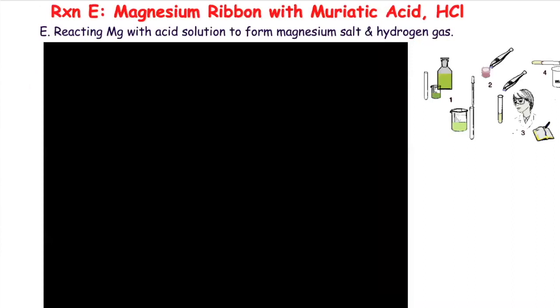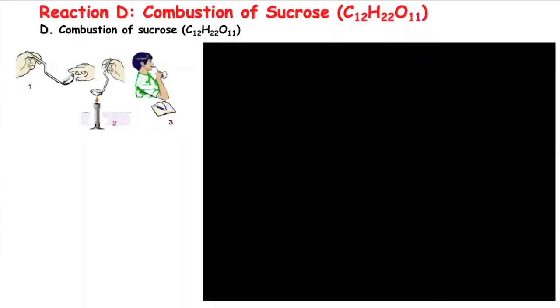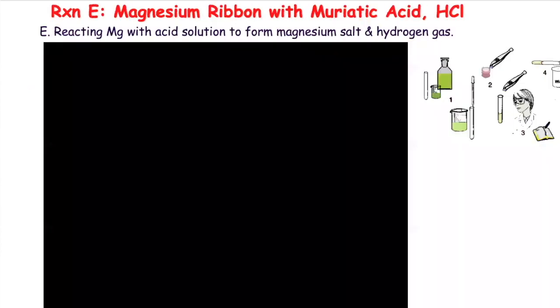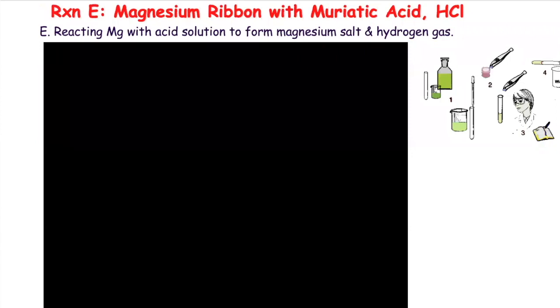Okay, again, write what it looks like before, write what it looks like after. So let's take a look at this right here. This is the reaction with muriatic acid. Now, this is a tricky one, because you're going to do it under 2 conditions.